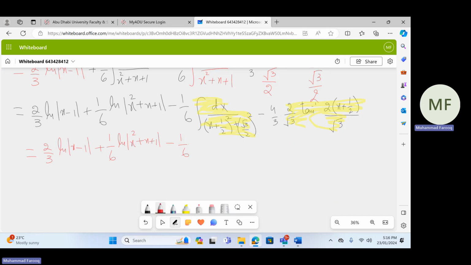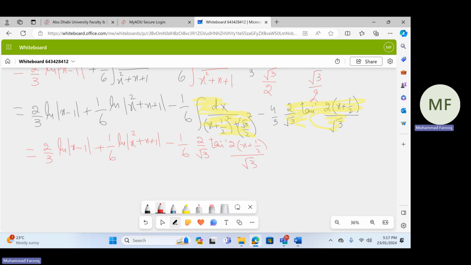So how much is this one? 2 over root 3, tangent inverse 2 times x plus 1 by 2. Yes, this is possible.